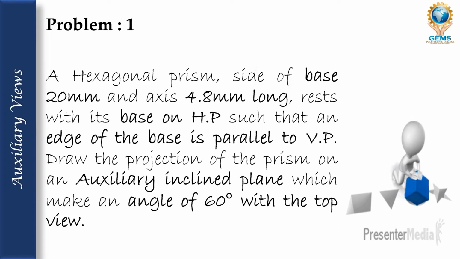So here we are going to draw the front view and top view of the hexagonal prism, and if the prism is inclined 60 degrees, how it would look. That inclination must be 60 degrees from the top view.